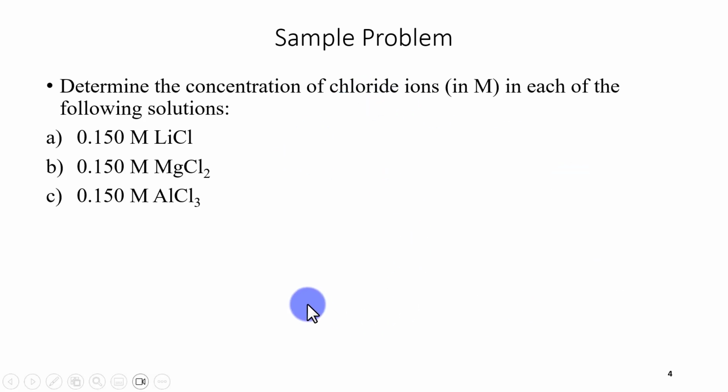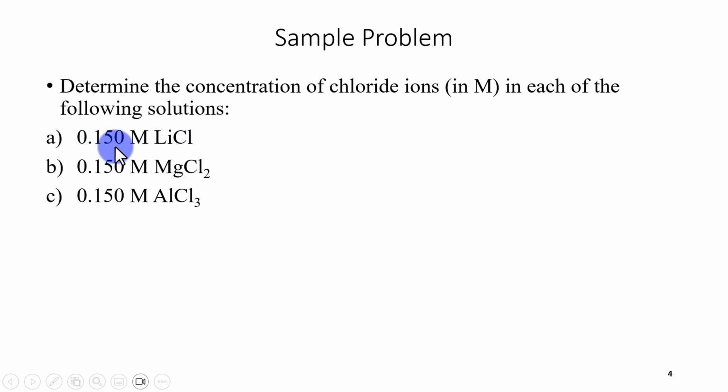Here's a sample problem for you. Determine the concentration of chloride ions, just the chloride ions, in molarity in each of the following solutions. So here I have 0.15 molar lithium chloride. This is the molarity of the solution, but I have a 1:1 ratio between chloride and lithium chloride.